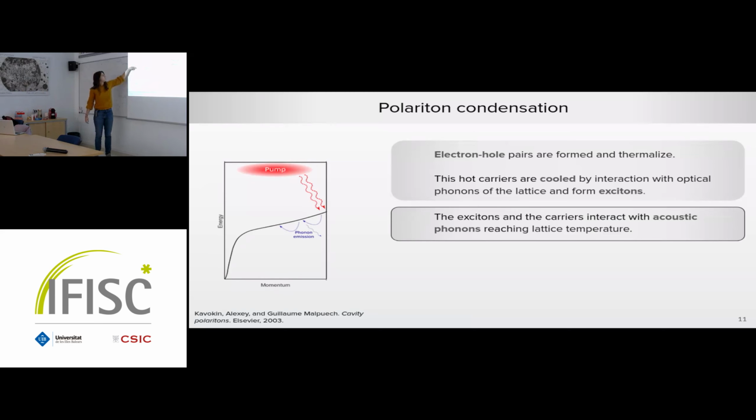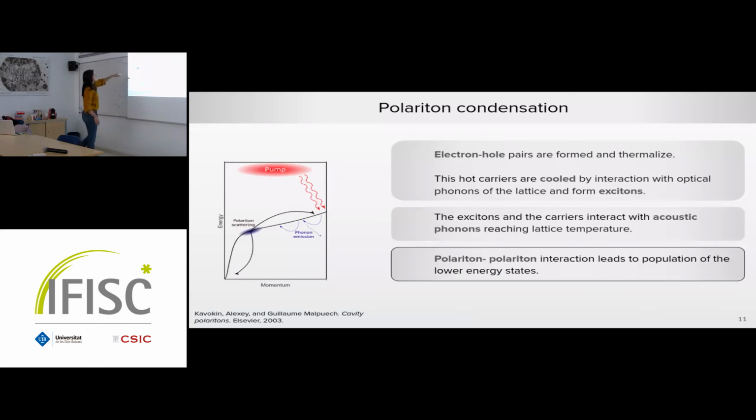But the problem is once they reach this region here, they become more photonic, which means it's harder for them to interact. And so they accumulate here. This is called a bottleneck region. And they can't actually keep relaxing just through phonon emission. So what happens is after they accumulate here, they interact with each other, forming one high energy polariton and one low energy polariton.